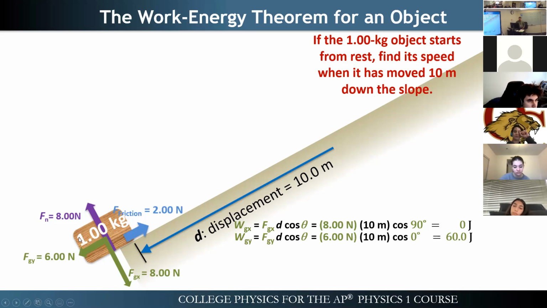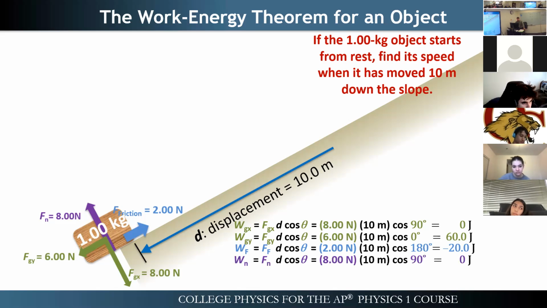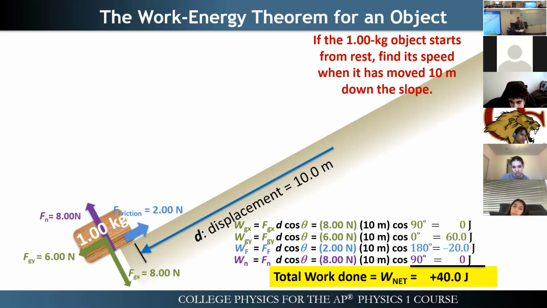Then for the y, which is the 6 newtons along the slope, you can see 6 times 10 times cosine of theta being 0, since it's parallel, gives us 60 joules of work. Then for friction, it's 2 newtons times 10 meters of displacement at 180 degrees compared to the displacement, so that gives us negative 20 joules of work. And for the normal force, it's again cosine of 90, so no work done. So the net work this way is 40 joules.